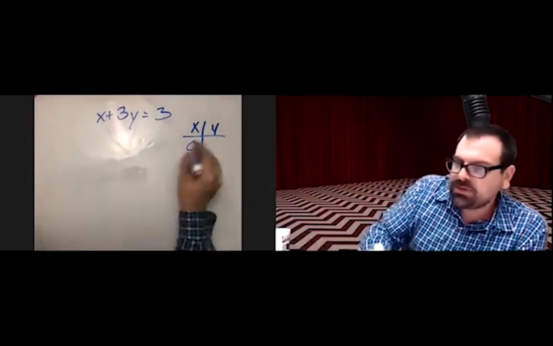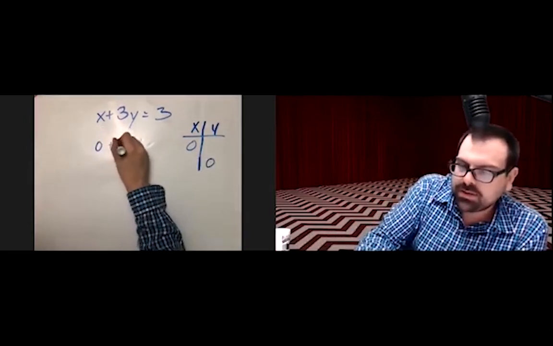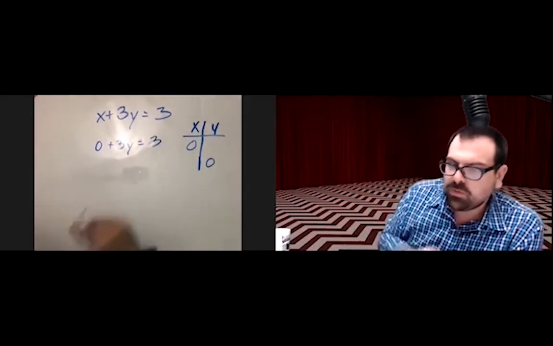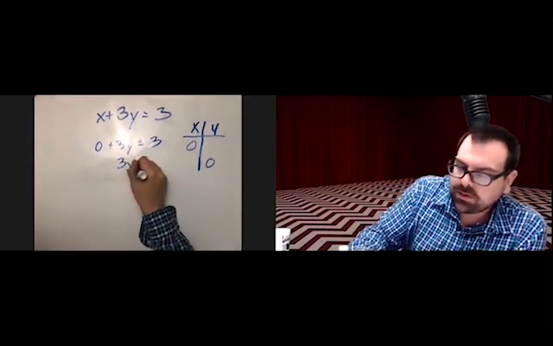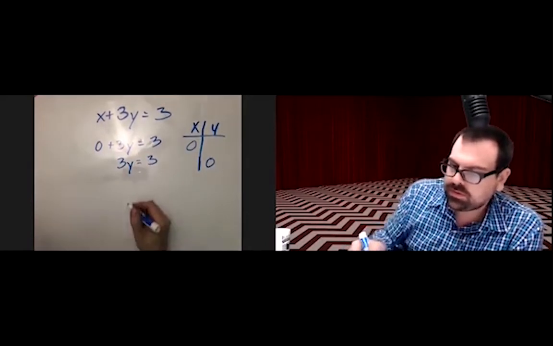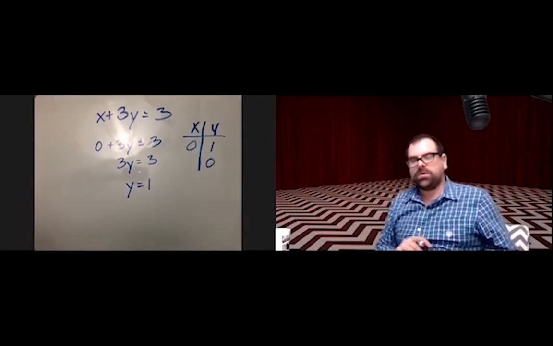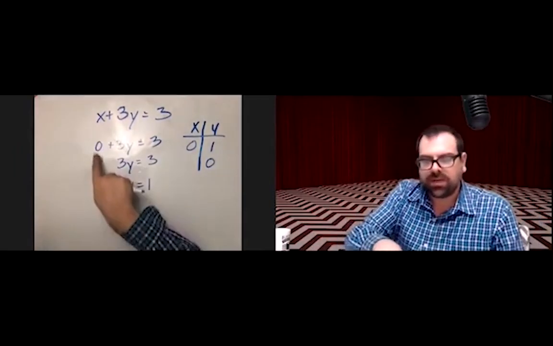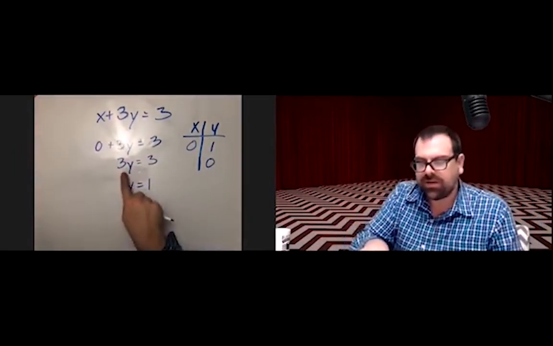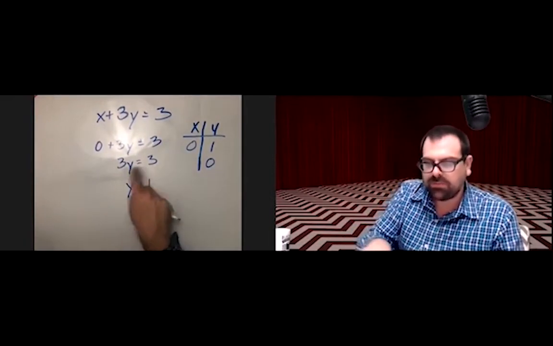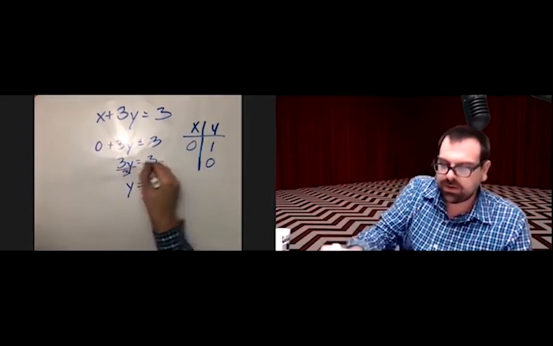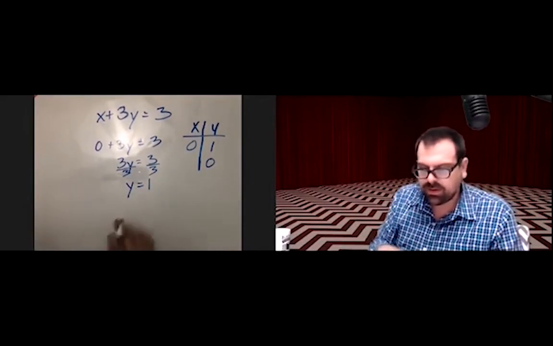If we plug in 0 for x and solve for y, we get y equals 1. Plug in 0 for x, plus 0 is itself. 3y equals 3. Divide both sides by 3. That's what happened there.